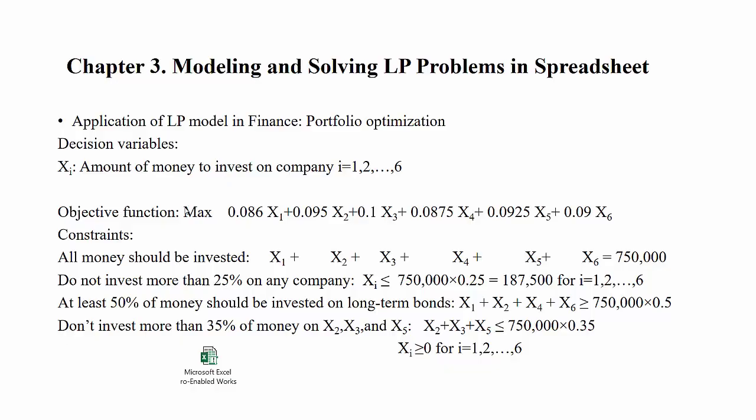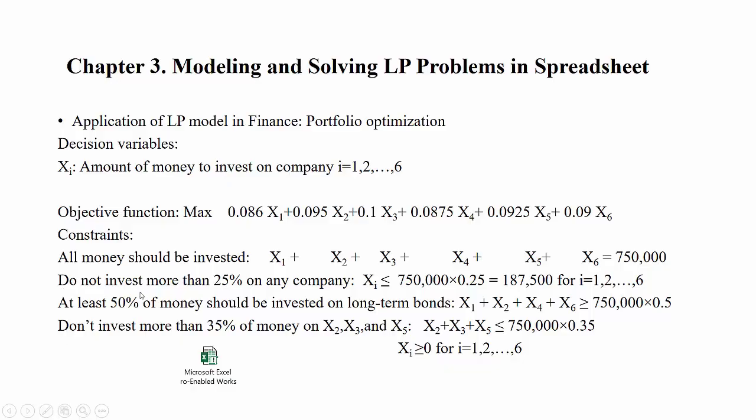And then we have three sets of constraints. First of all, we have to invest all the money. That means the summation of the money I invest in each of these companies should add up to the total money I have right now, which is 750,000. So the summation of x1 through x6 should be equal to the total amount of money.